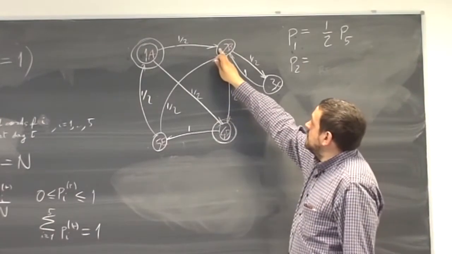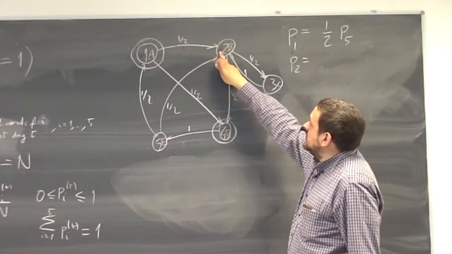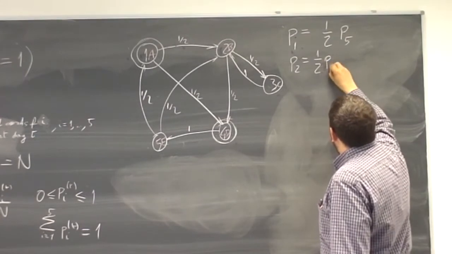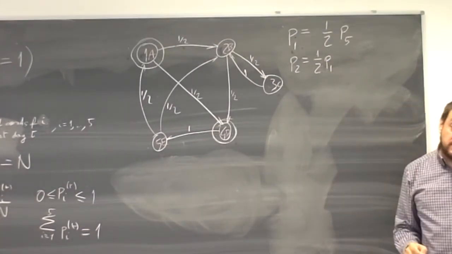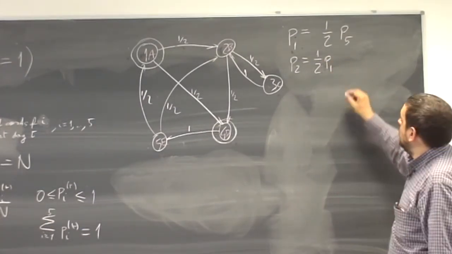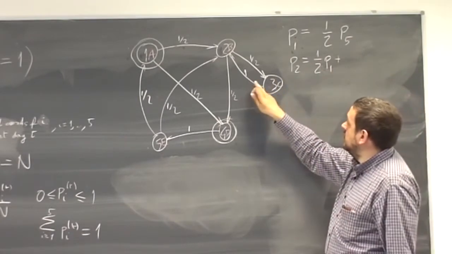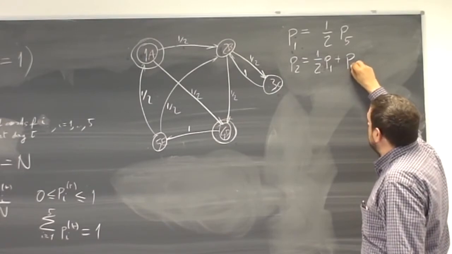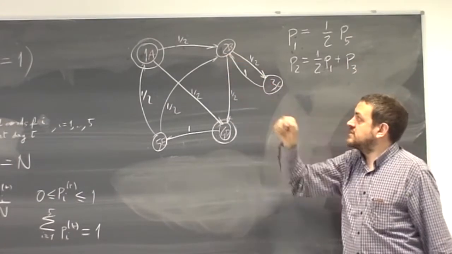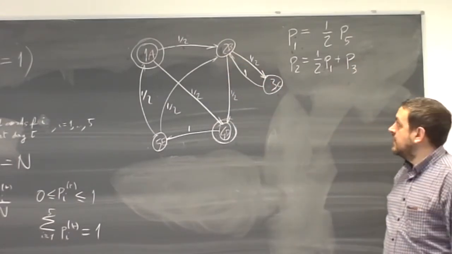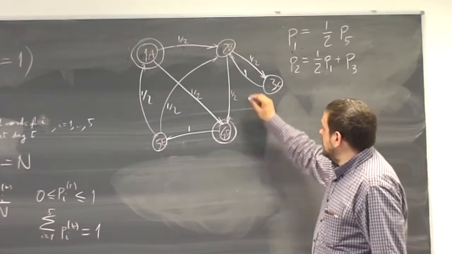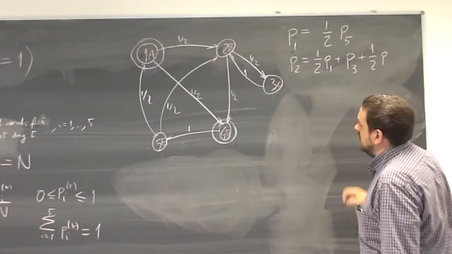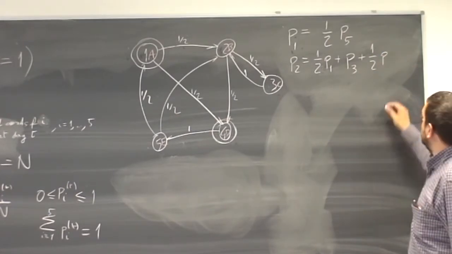So, for example, the ratio of cards of player 2 will be 1/2 the number of cards of player 1 plus the number of cards of player 3. C gives all of his cards to B. And finally, 1/2 the number of cards of player 5.